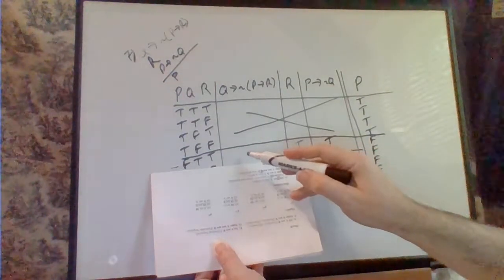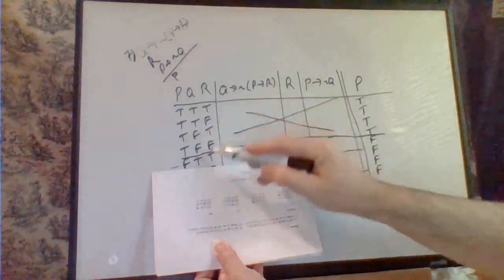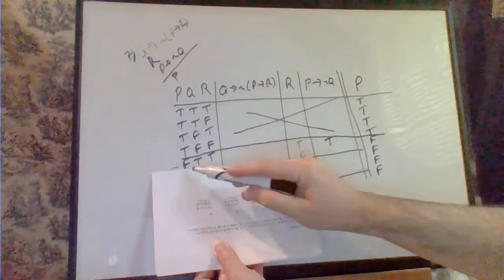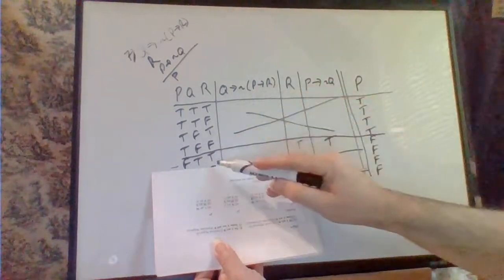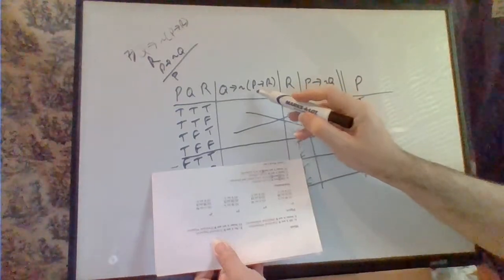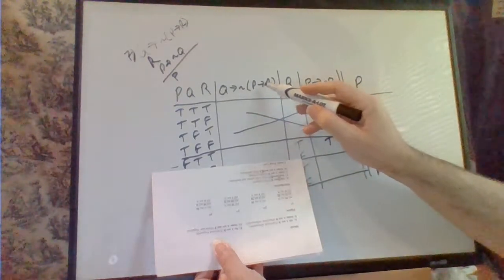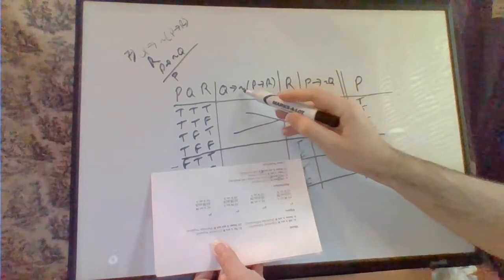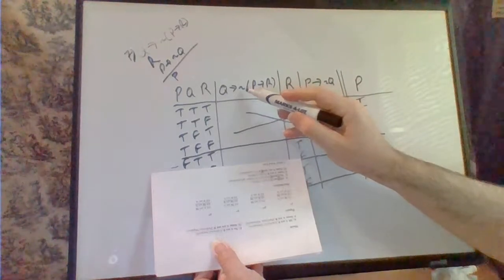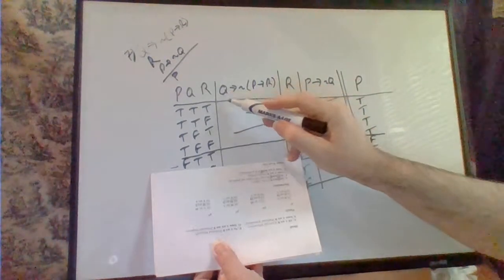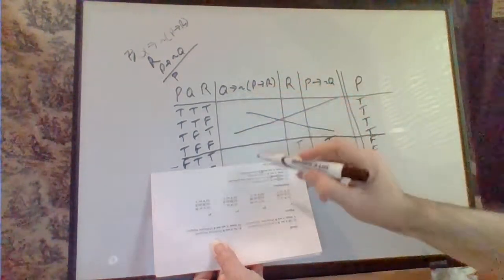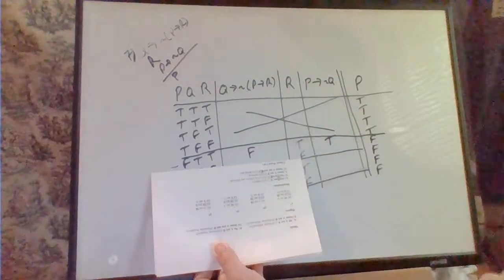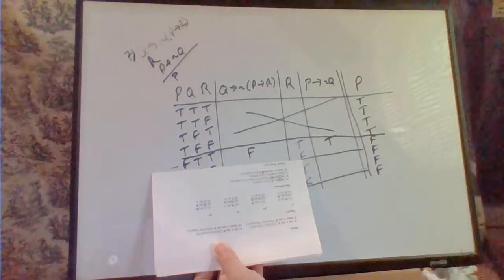Let's see if we have a third one. So Q is true, P is false, R is true. In the parentheses, false, true with the arrow is true. We negate that, it becomes false. Q is true, true, false with the arrow is false. So we do not have all true premises leading to a false conclusion.